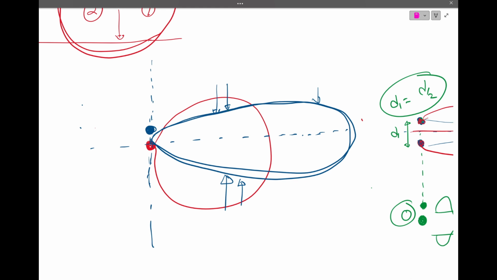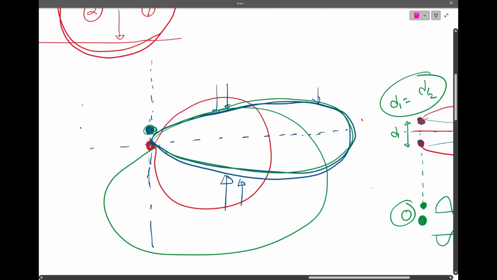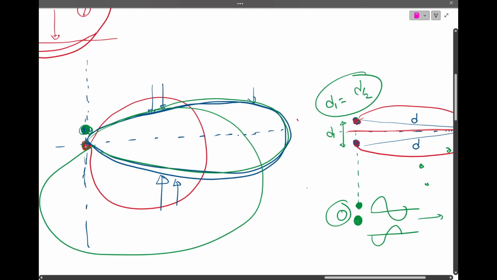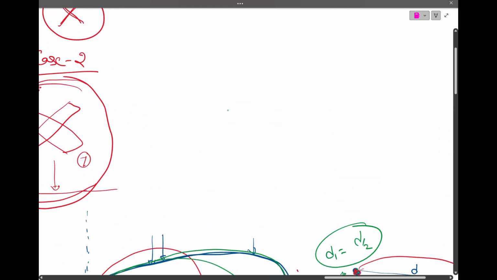Okay, in the horizontal it will still be a wide beam, but in vertical it will become narrower. This is because we put two elements in the vertical direction. Okay, what happens, maybe I'll display it again.